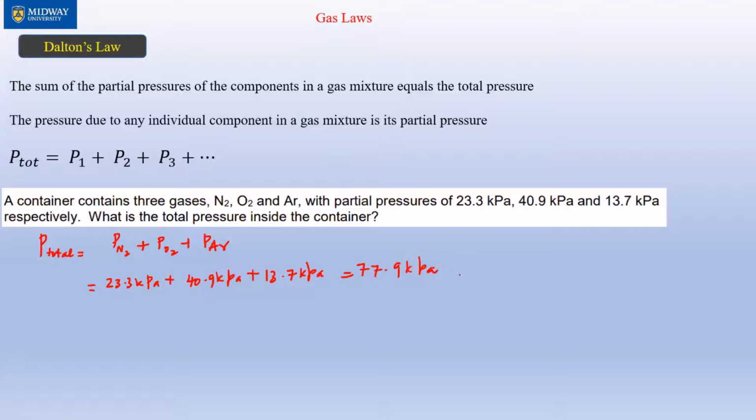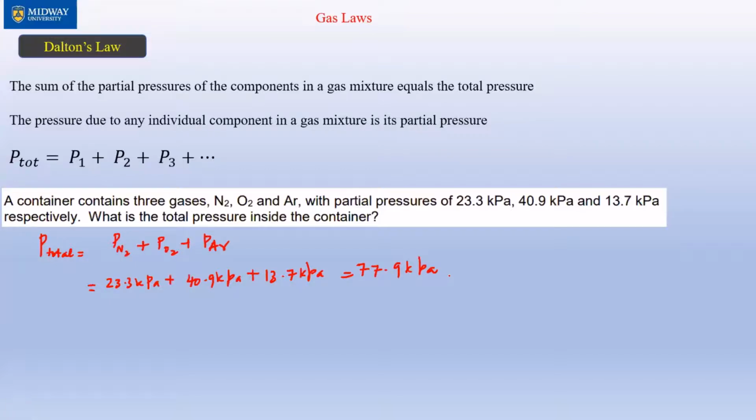Now, I could purposefully make this problem into a twofold process by asking for the final answer in atm. That's optional. In that case, I would give you the conversion factor for kilopascals to atm. Once you get to this answer, you can go on to get the answer in atm. So this is the easier version.